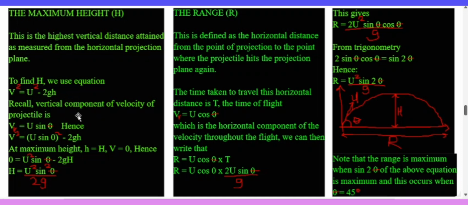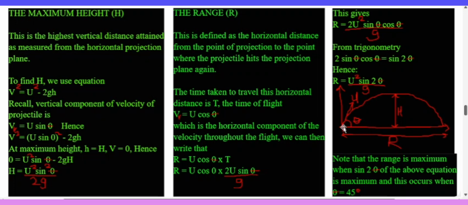Recall, the vertical component of velocity of a projectile is this velocity, because it's thrown at an acute angle to the horizontal, it will have an effect along the vertical, and it will also have an effect along the horizontal.